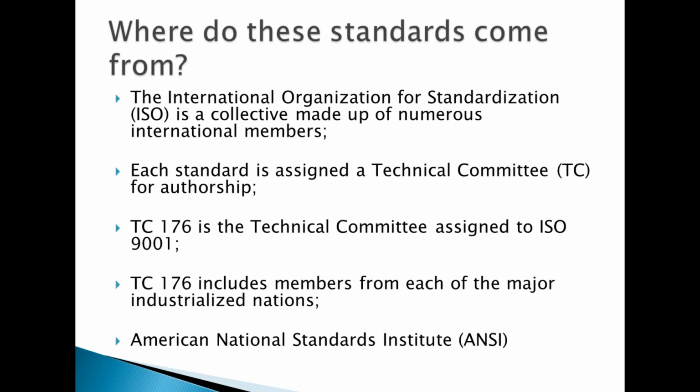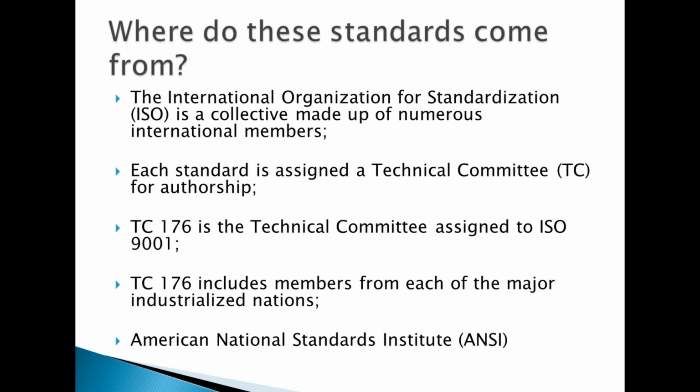The ISO, the letters, stand for International Organization for Standardization. And you can think of the ISO as a collective group. They're made up of numerous international members, and their sole purpose is the authorship of standards, and they write a lot of them. ISO 9001 is simply one of their better-known publications.